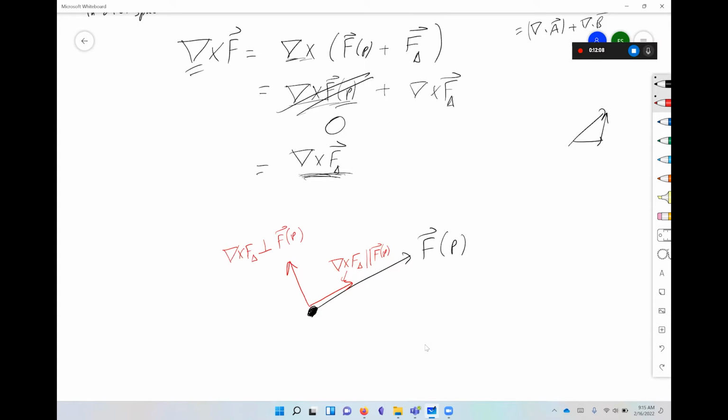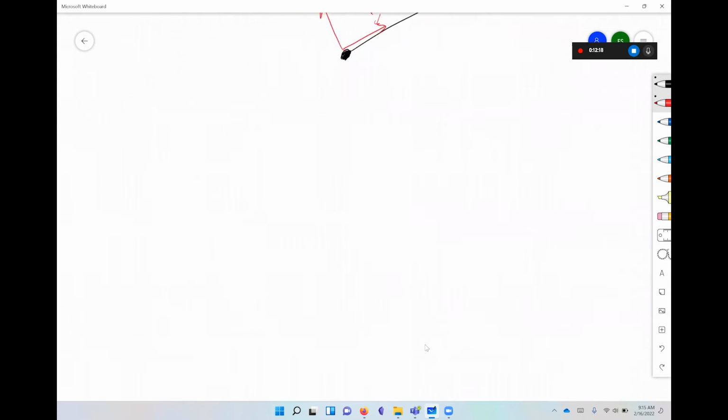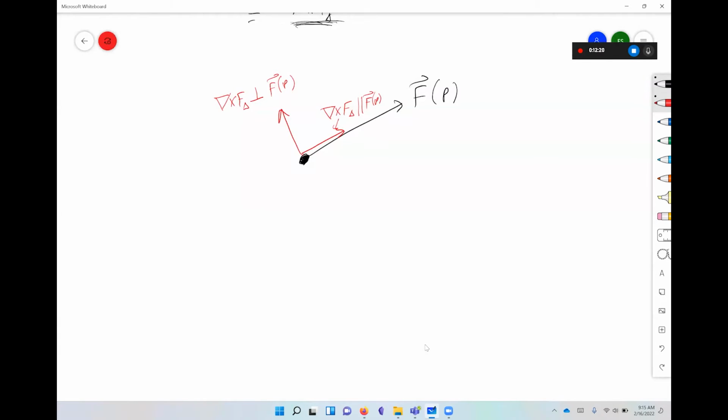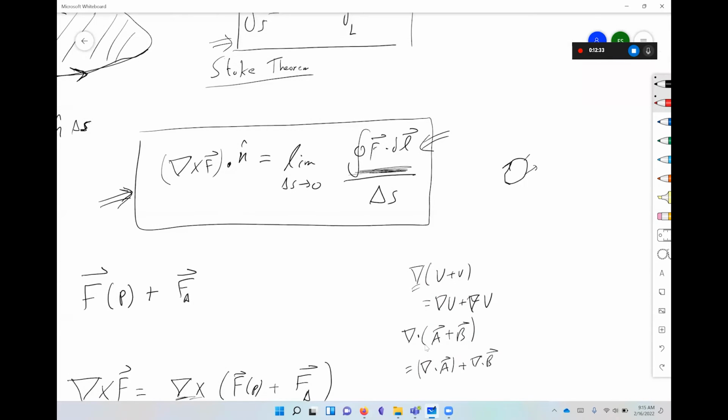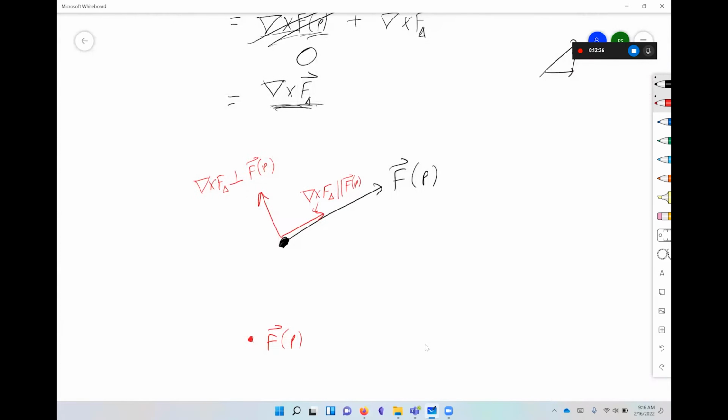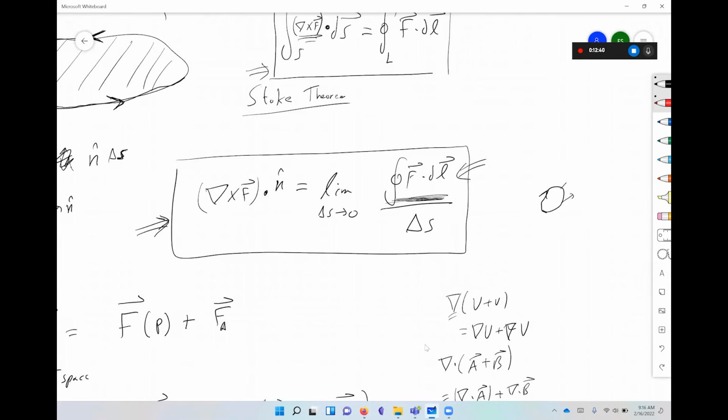So what do those two components do? What does circulation parallel to F at P mean? Well, let's change the perspective and look head on. This is a dot, which means that the vector F at P is pointing towards the screen, right? The circulation, from the definition, this component of the curl is in this direction.